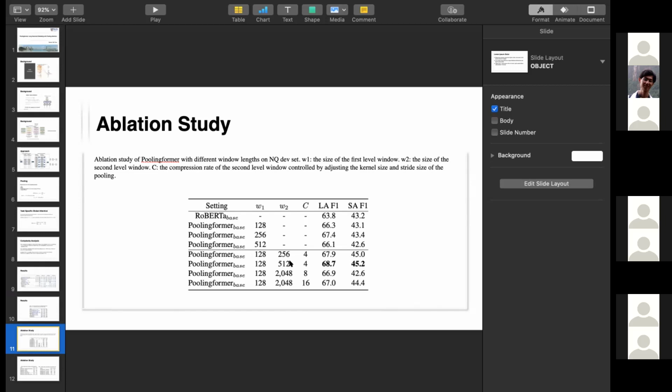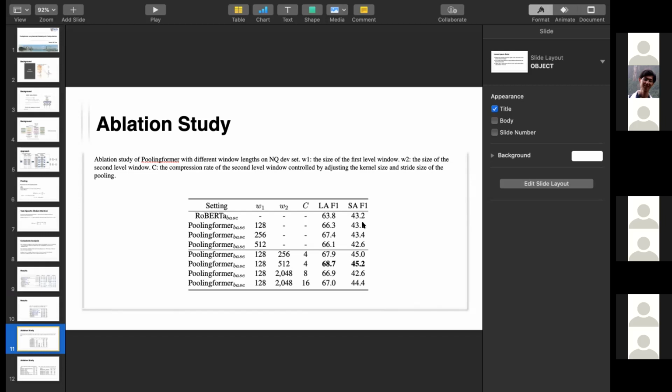On what dataset? Sorry? On what dataset? What task is it when they apply the ablation study? It's on the question answering dataset.